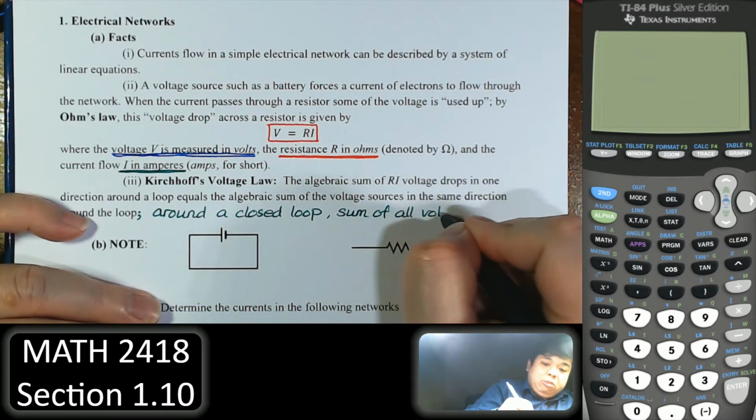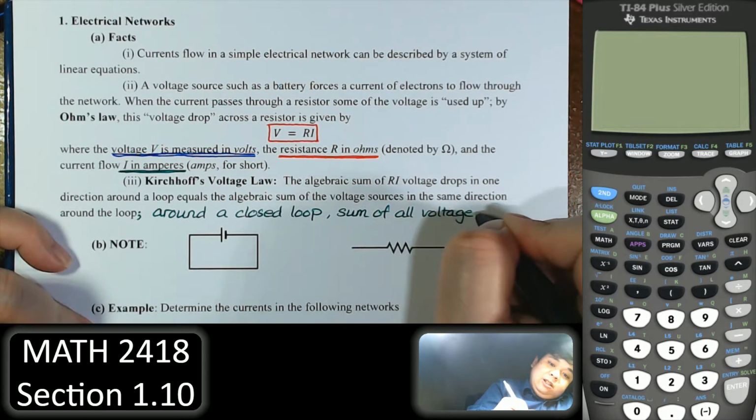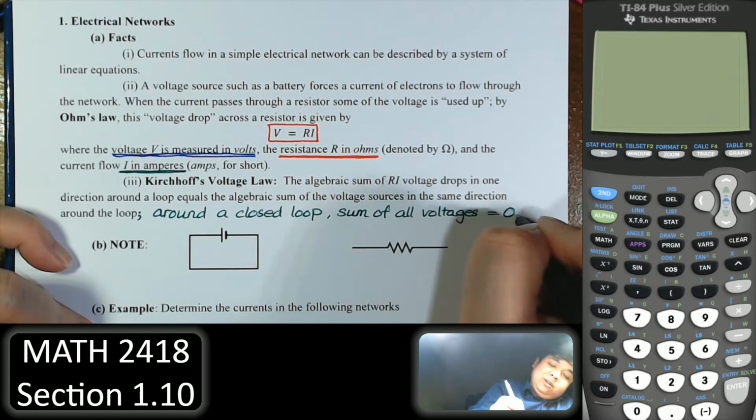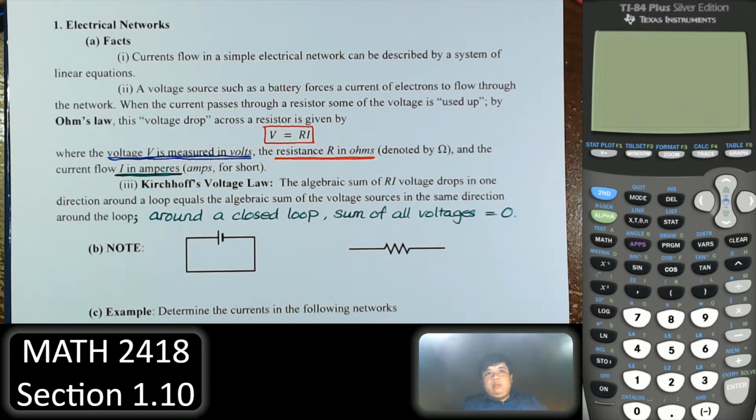Of course, some of them are positive and some are negative, depending on the direction. But the sum of all of that around a closed loop is equal to 0.